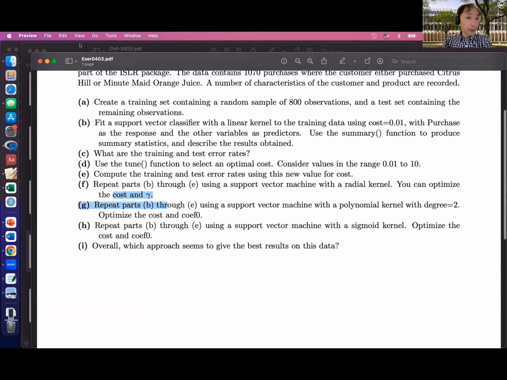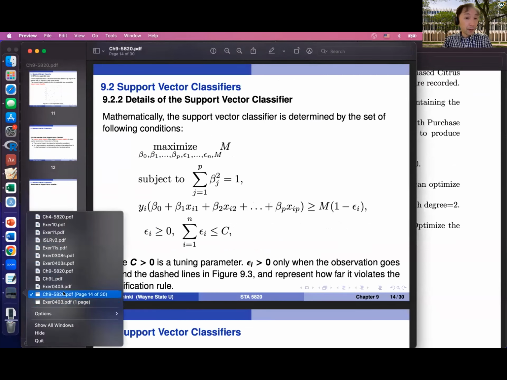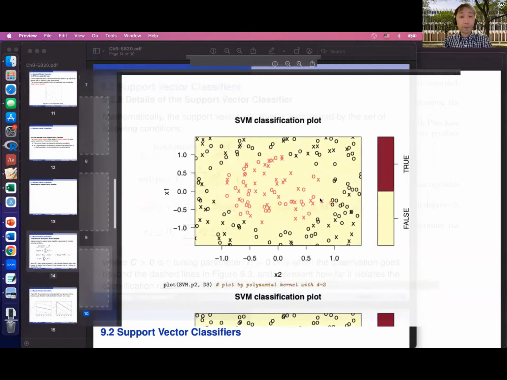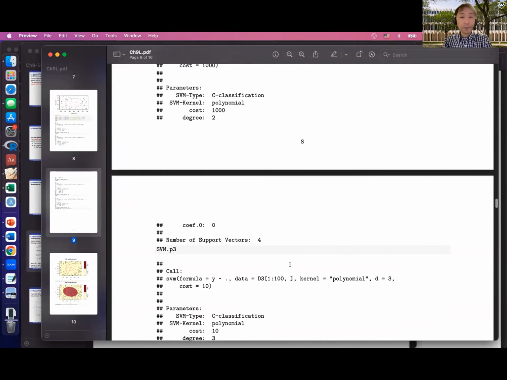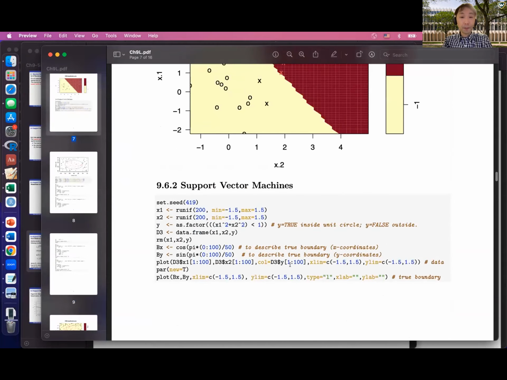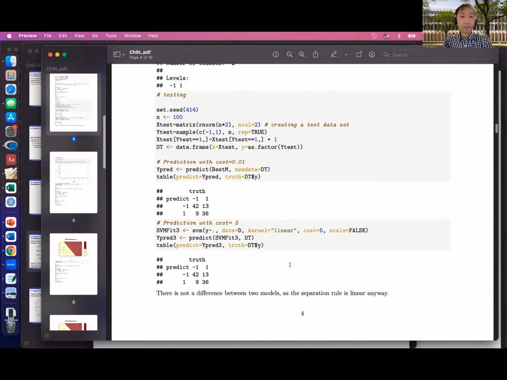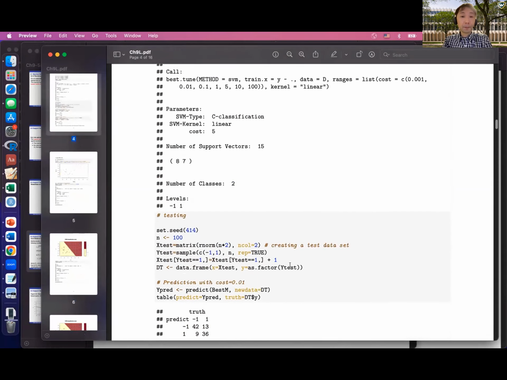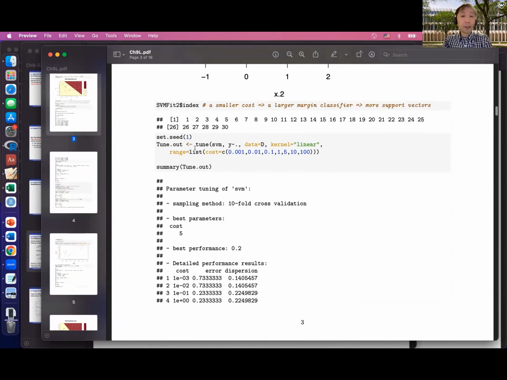One thing I have to note is that we can optimize multiple parameters using the tune function. Maybe I just go back a little bit. In the tune function, you can see a list of costs.